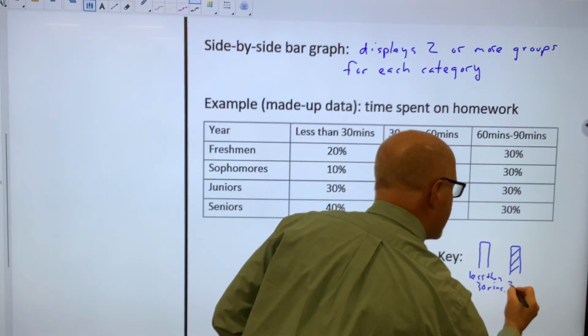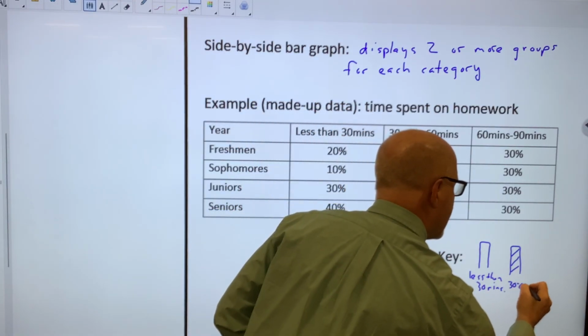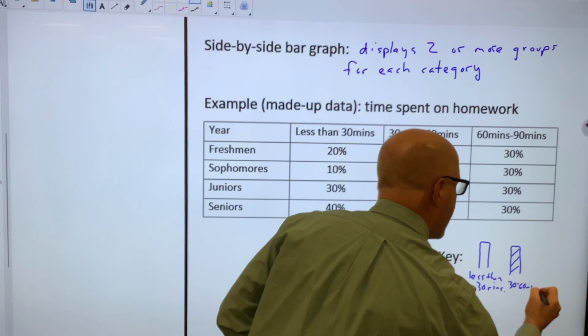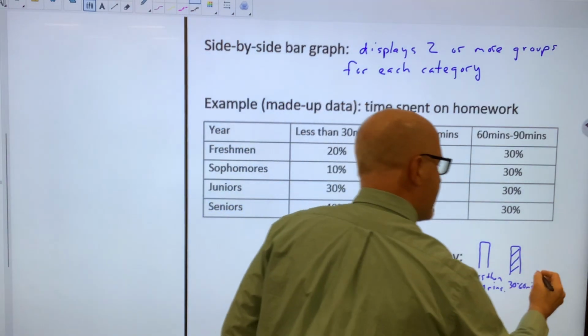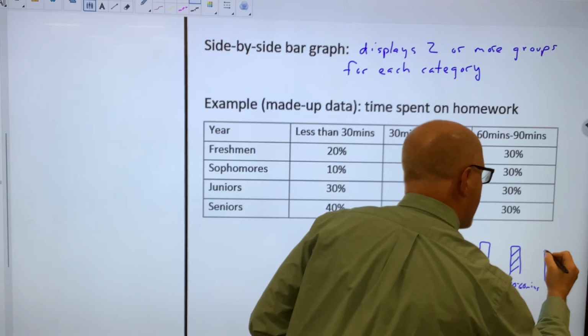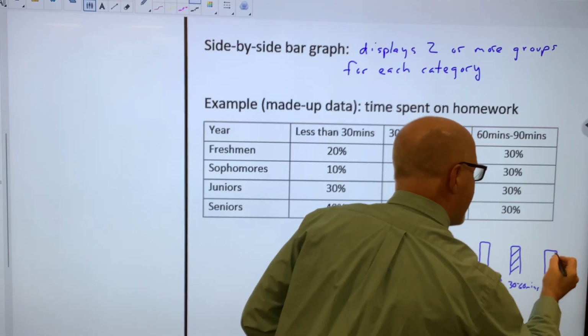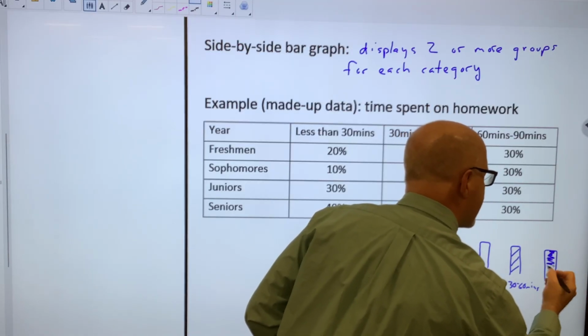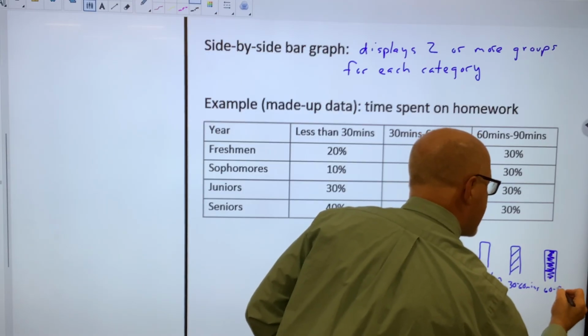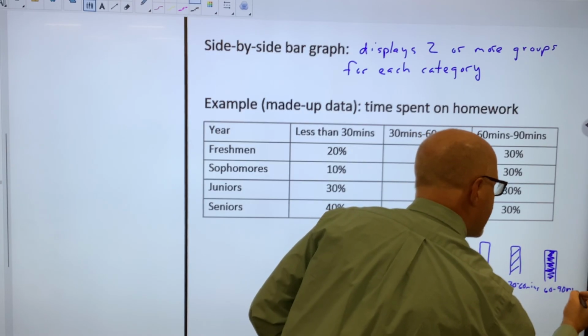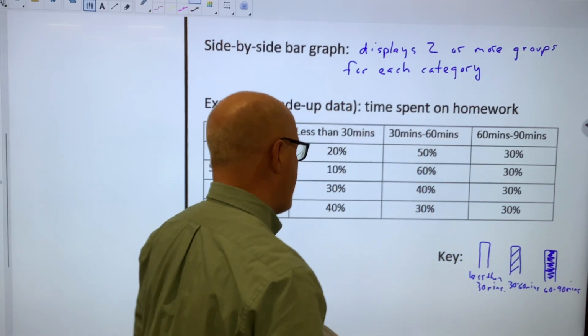We're going to do 30 to 60 minutes for that one. Now if we're doing this on a computer, oftentimes they'll use different colors. For this, since we're drawing it, we're going to represent with different information. And if I fill it in like this, okay, that's for 60 to 90 minutes. So that will be how I represent.